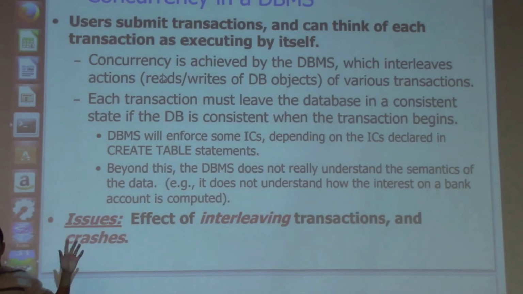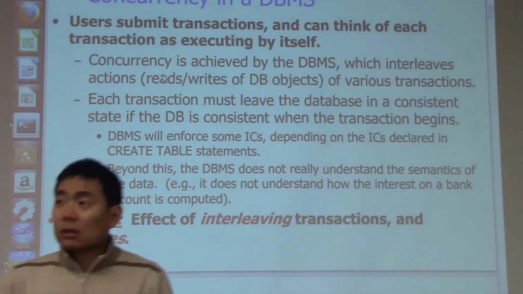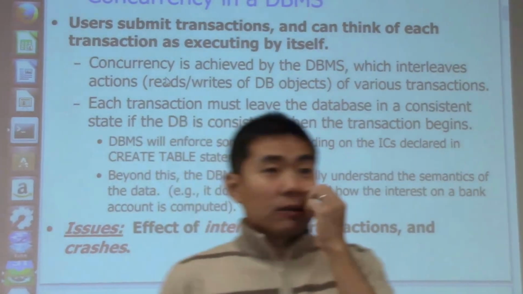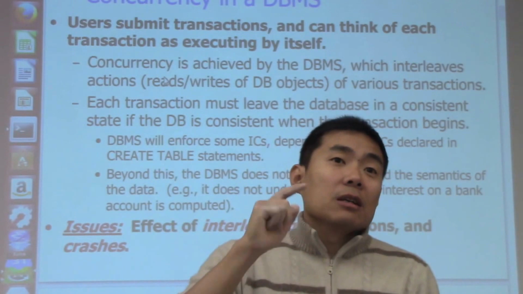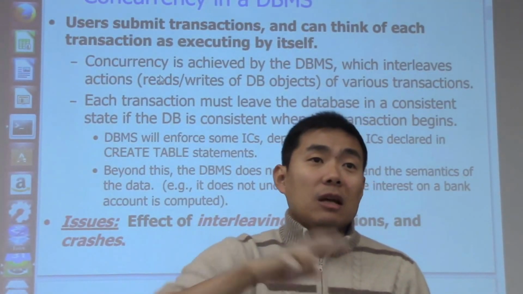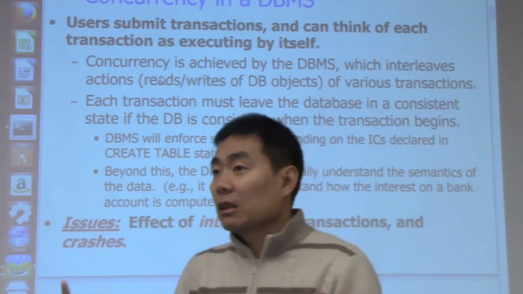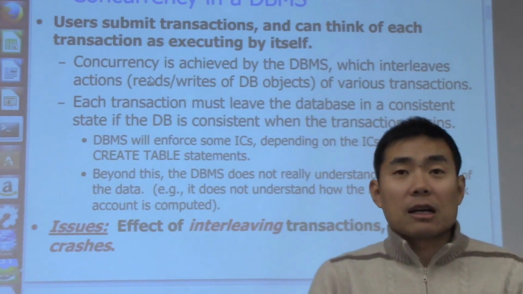But beyond that, database doesn't really understand the semantics of your transaction. What do I mean by semantics of your transaction? Meaning that in database view, database only sees, okay, you try to read this value, you try to update this value. That's the only two types of operation database sees for the database object, for table, for item, and things like that.